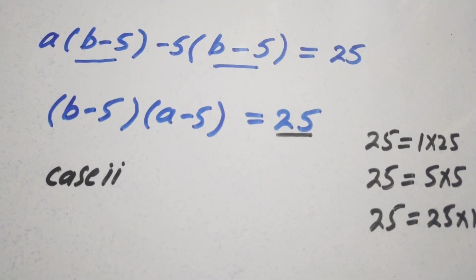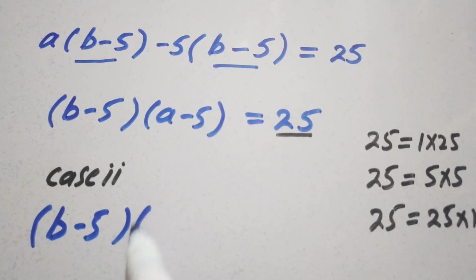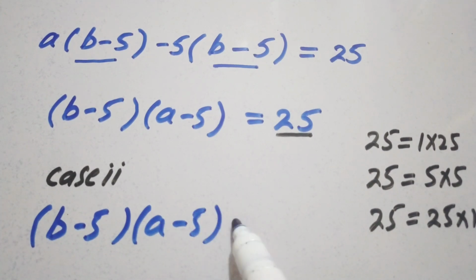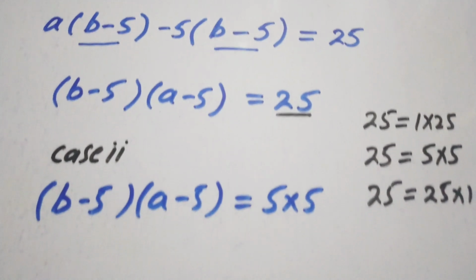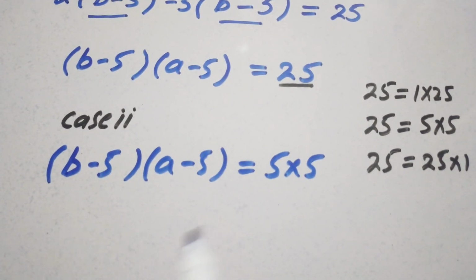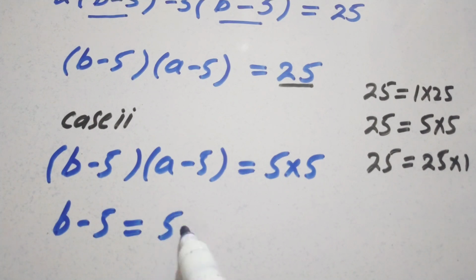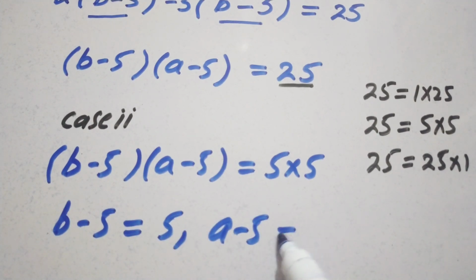In the second case, we will put 25 as 5 multiplied by 5. So b minus 5 into a minus 5 is equal to 25, which is 5 multiplied by 5. So by this we get b minus 5 is equal to 5 and a minus 5 is equal to 5.